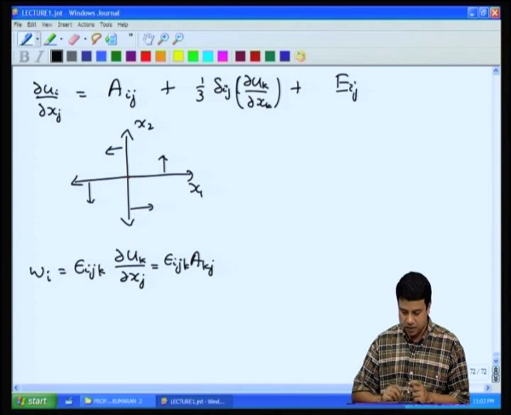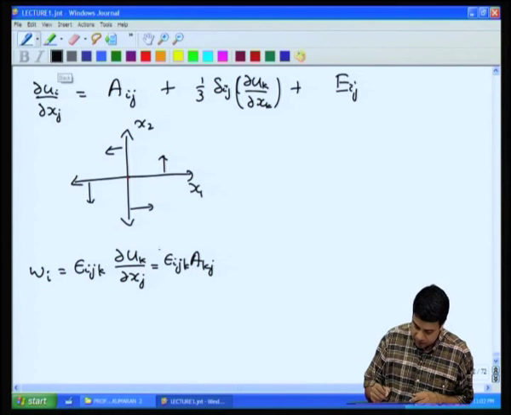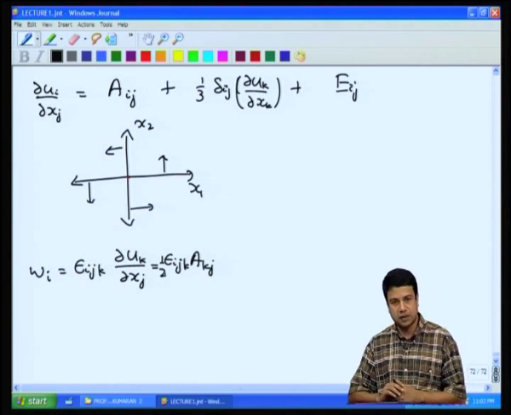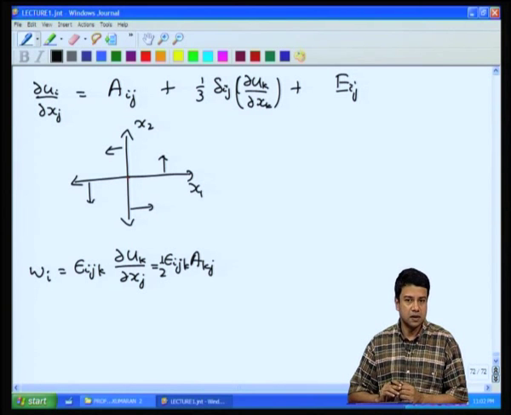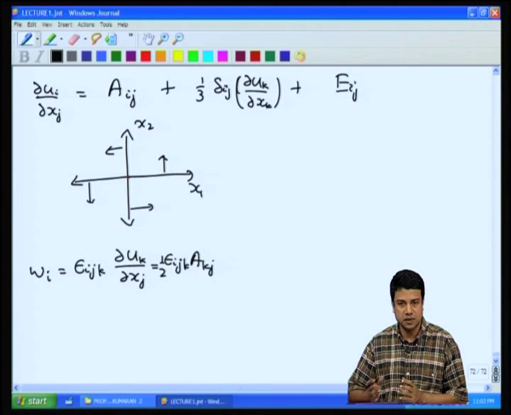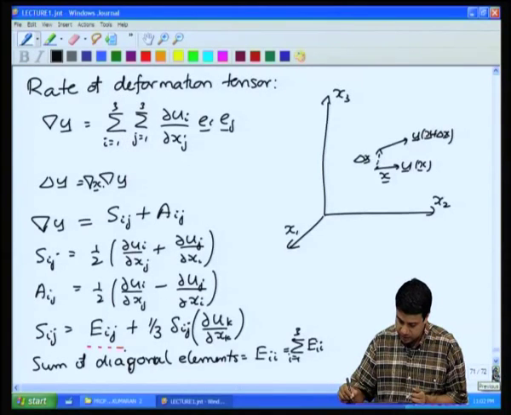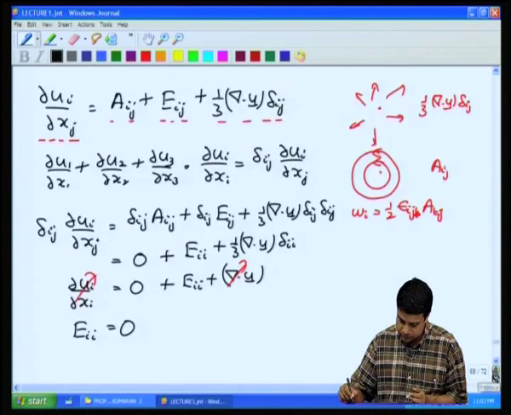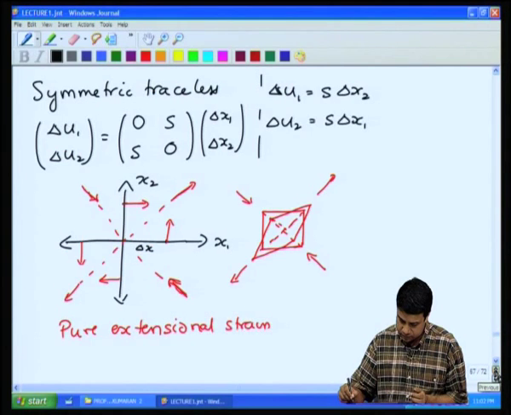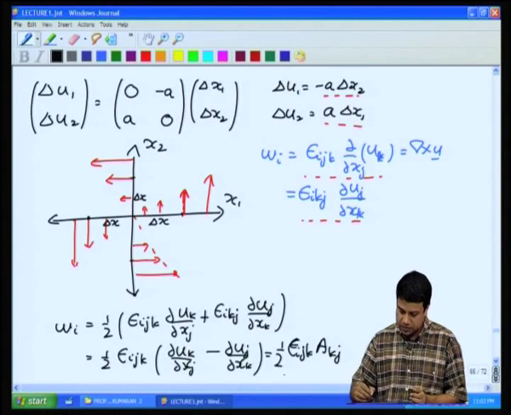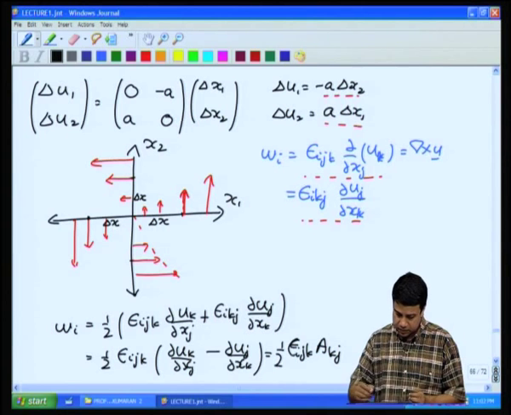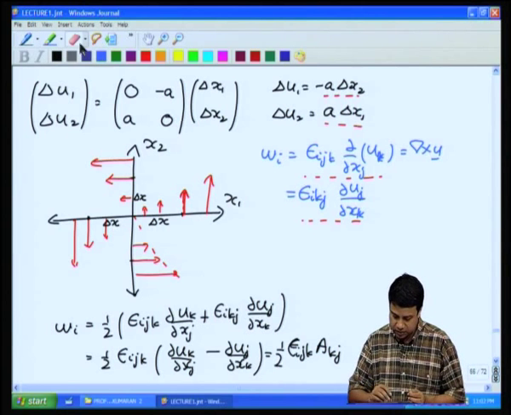In fact, if I remember, there is a half here. Okay. Please note that. That is because the antisymmetric part has 2 partial u i by partial x j minus partial u j by partial x i. Just go back and check. I should make a correction here: half of partial u k by partial x j minus partial u j by partial x k, this itself is the antisymmetric part.